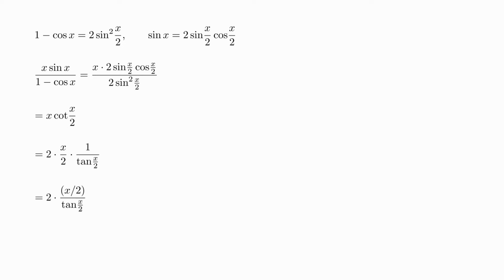So looking at this form, I realize that x over 2 over tangent x over 2 will go to 1 as x goes to 0. Therefore, because of that fundamental limit, our limit will now converge to 2. That's it. So I don't need L'Hopital.